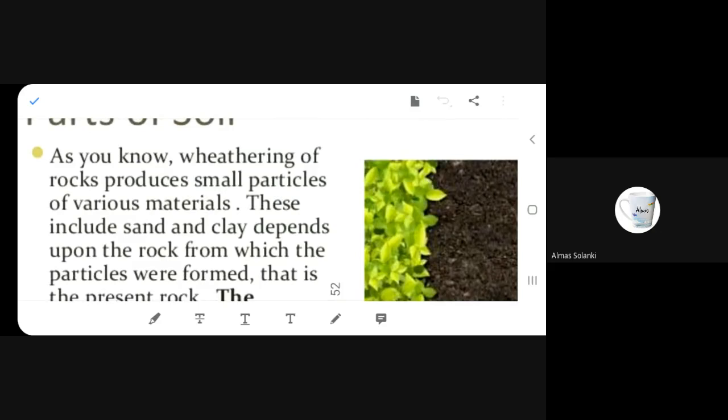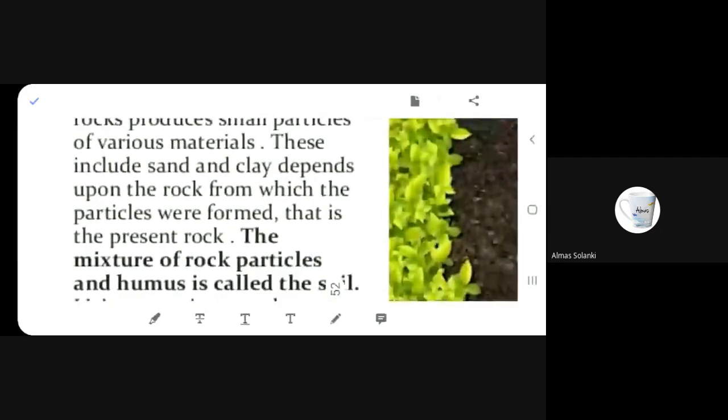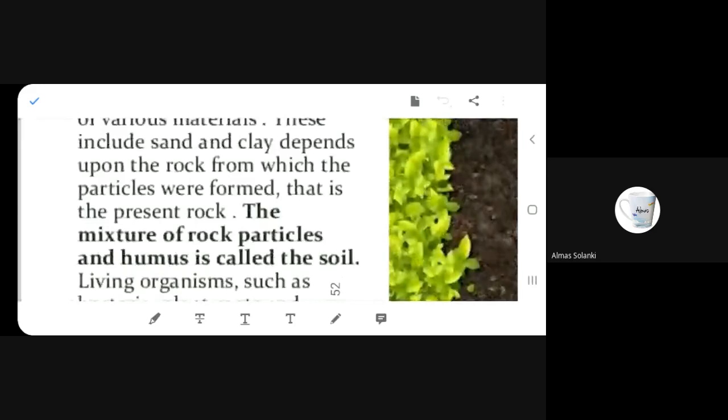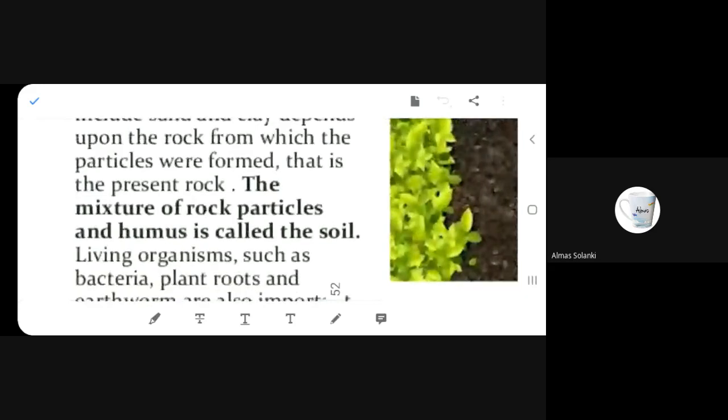That means it depends upon the rock from where the particles are formed. So the mixture of rock particles and humus is called soil. So soil is made up of humus and the rock particles.